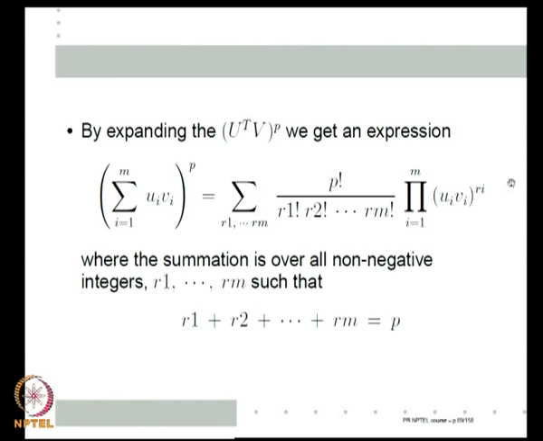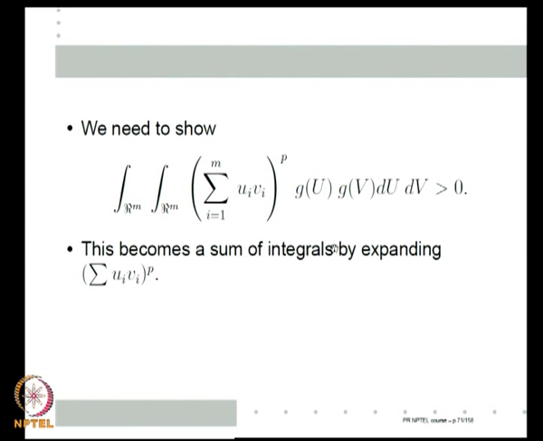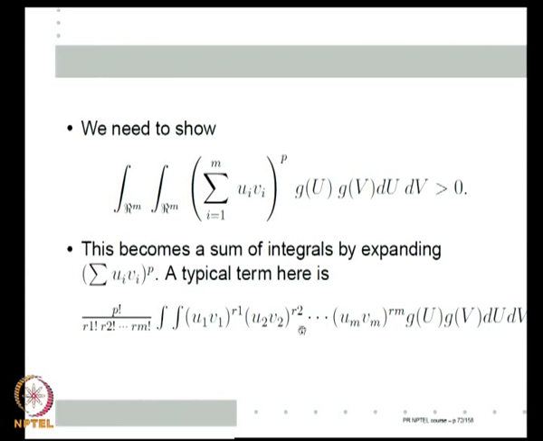Each integral will have a term p factorial by r1 factorial ... rm factorial, (u1 v1) to the power r1, (u2 v2) to the power r2, ... (um vm) to the power rm, g(u) g(v) du dv. Now, you see what do I have here? u1 to the power r1, u2 to the power r2, ... um to the power rm, g(u) can come out of the v integral. What is left is v1 to the power r1, v2 to the power r2, ... vm to the power rm.